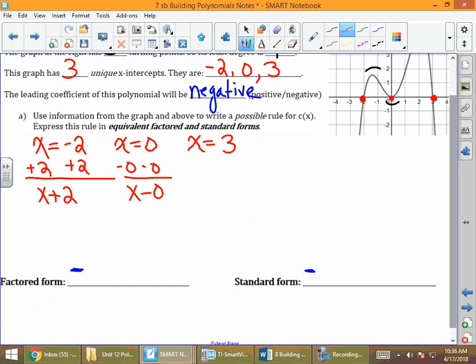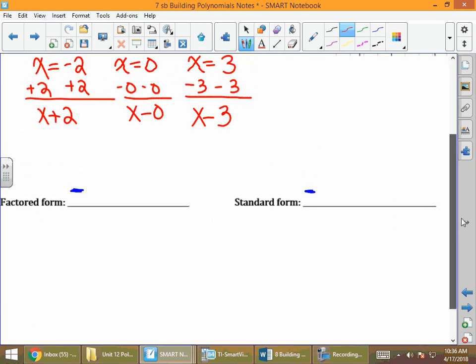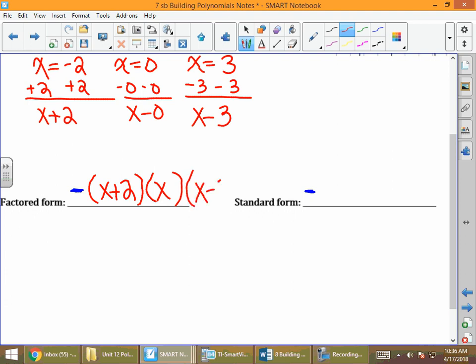And we don't. But we can subtract the 3 from both sides. And we get x minus 3. So in one format here, what's going to happen is we're going to get x plus 2, and then x, because we don't really need to write the 0, and x minus 3.